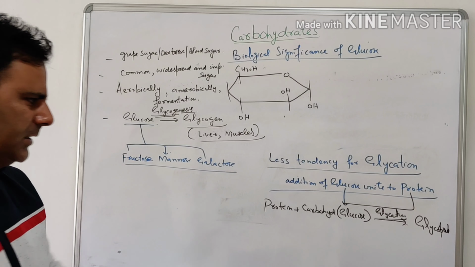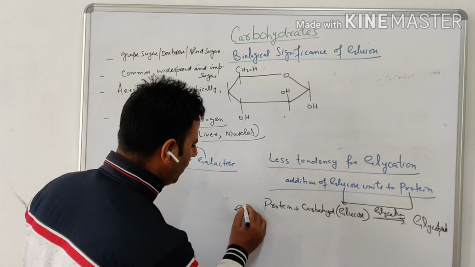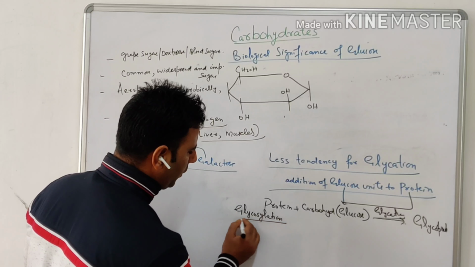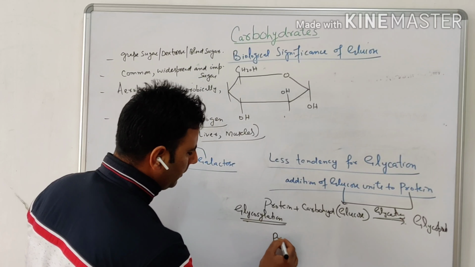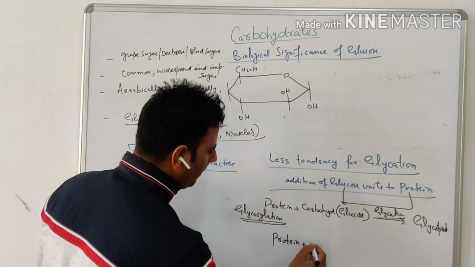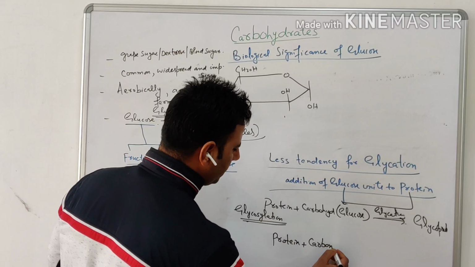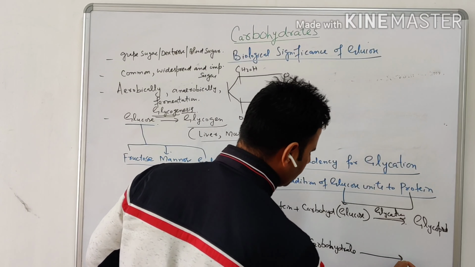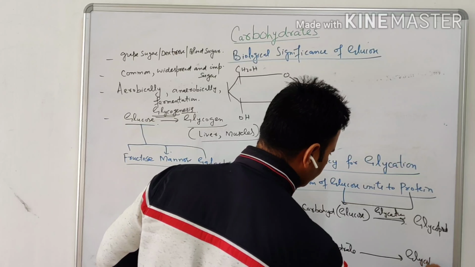There is another process, a very important process, known as glycosylation. Glycosylation means addition of carbohydrate residues to proteins to form glycoproteins.